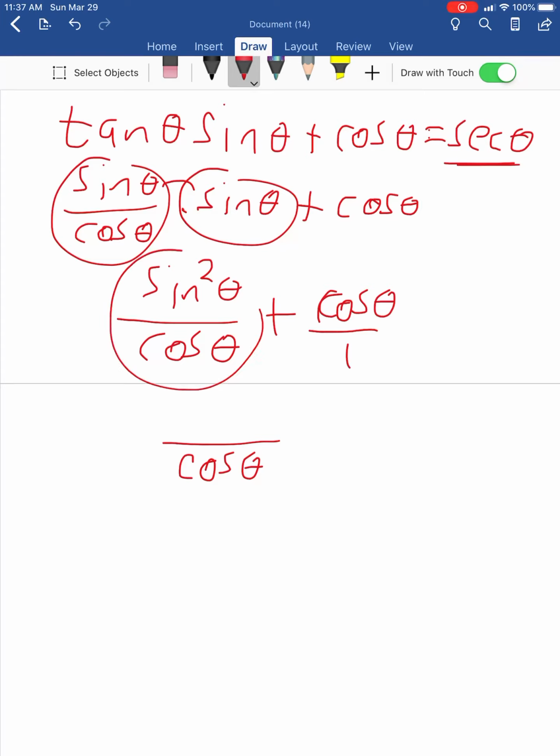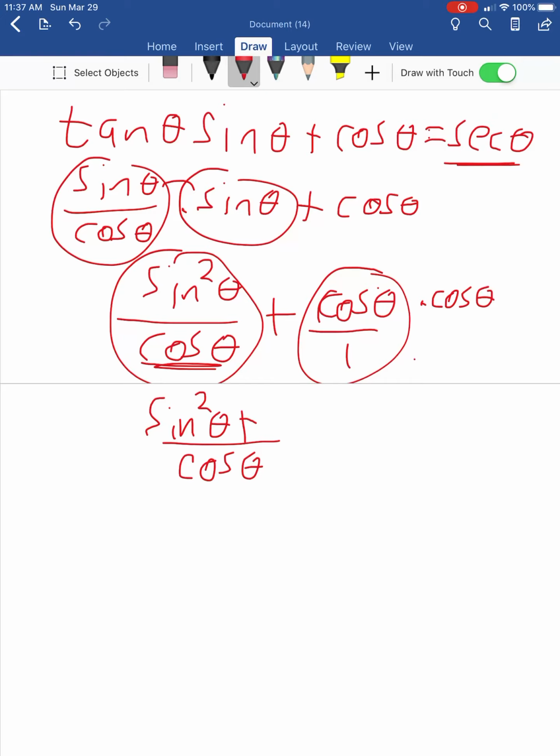Since this term already has that common denominator, we can just put sine squared on top, plus, I need this one to have a common denominator of cosine. So we multiply top and bottom by cosine. 1 times cosine is cosine, so I now have the cosine in the denominator.